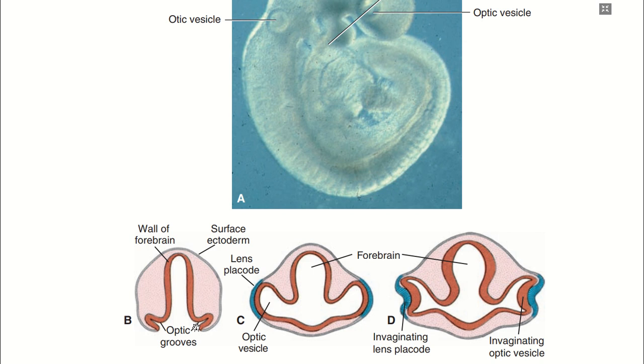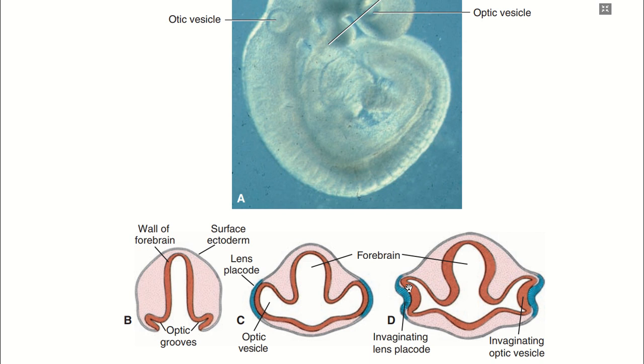Because of the induction of the optic vesicle on the surface ectoderm, we are going to have our lens placode. This lens placode will invaginate inside your optic vesicle, so that it will transform an optic vesicle to an optic cup.